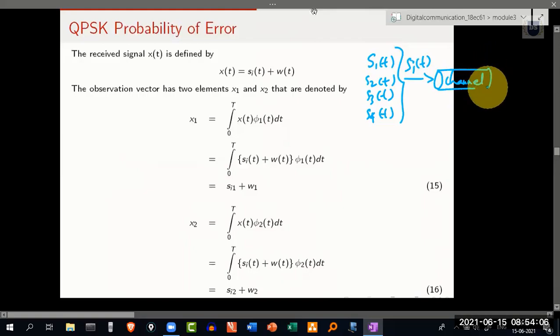The channel is always associated with noise. In turn, instead of receiving just si of t, we'll receive an additional component, w of t, contributed by noise. So here we'll be getting x of t, where x of t is the received signal.